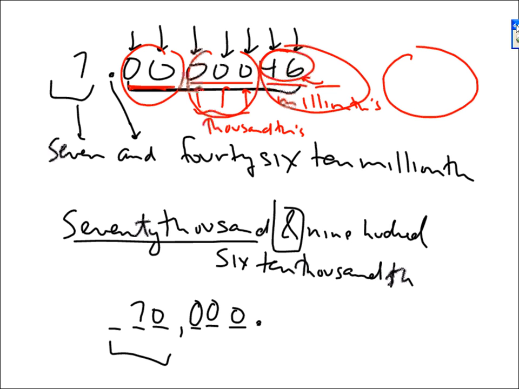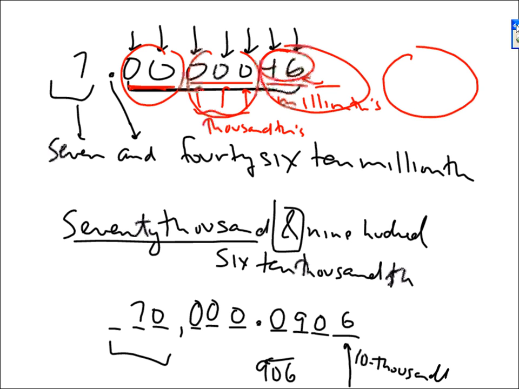906 10,000s. Tens, hundreds, thousands, 10,000s. Well, 906 uses up 3 positions. And I have to end right there in the 10,000th position. So basically just read it backwards. 6, 0, 9. Oh, I need a placeholder. Go to the 10,000th position and write 906.